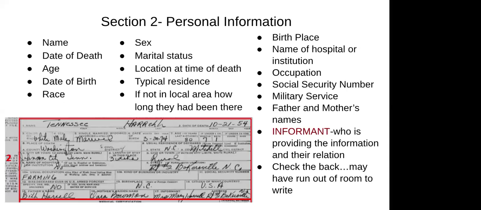Because again, this is the person providing the information. If they didn't know the person who passed away very well, think of an estranged child giving information about a parent that they haven't had contact with for years, or a grandparent they don't know very well. It's just the next of kin. They may or may not have all the information or accurate information. Let me explain a couple situations I've run into.